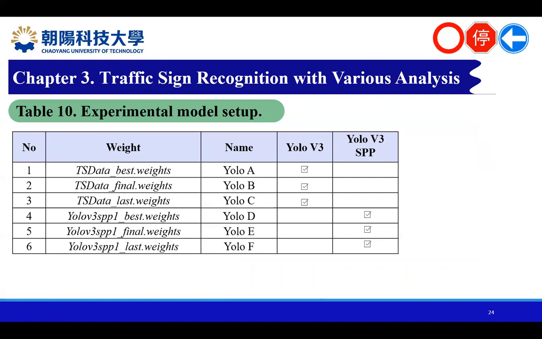So this is the experimental model setup: the best weight, final weight, and last weight for each of YOLO V3 and YOLO V3 SPP, and we name all the models YOLO A, B, C, D, E, F. So it will be easier to understand which weight was used in each experiment.